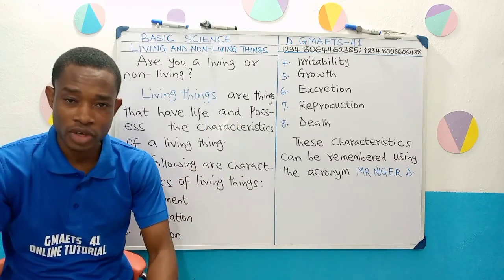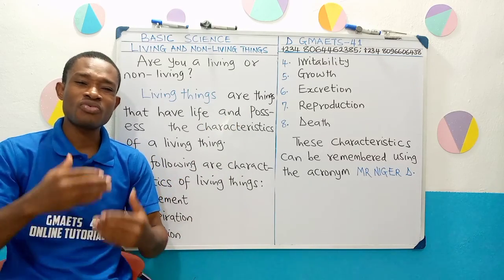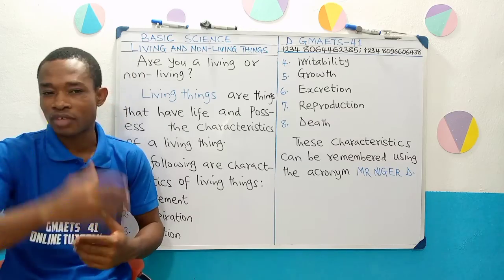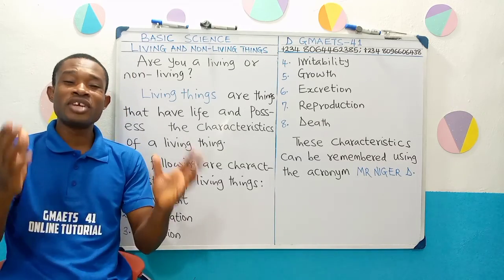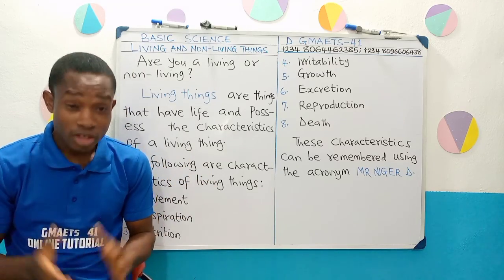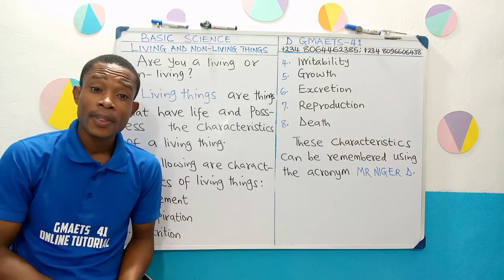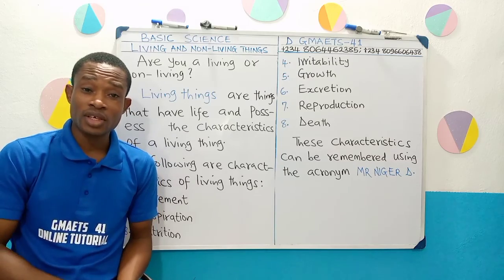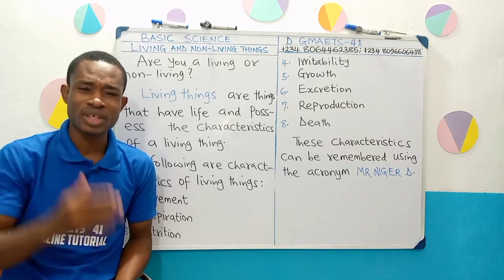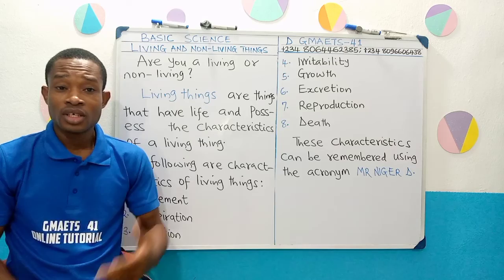Number 6, excretion. Excretion means removing waste products from your body. Did you urinate today? Did you sweat today? If you did any one of those things, it means you've excreted today. You removed waste from your body.